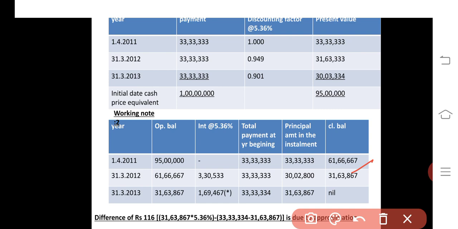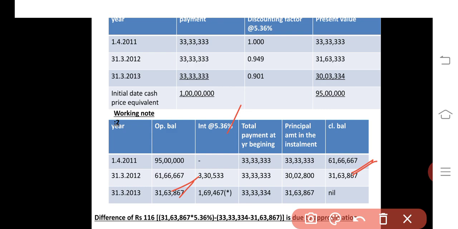In the third installment, again the same way, the third installment is on 31st/3/2013. Opening balance, last year's closing balance is this year's opening balance. Now calculate again for 31,63,867 at 5.36 rate.